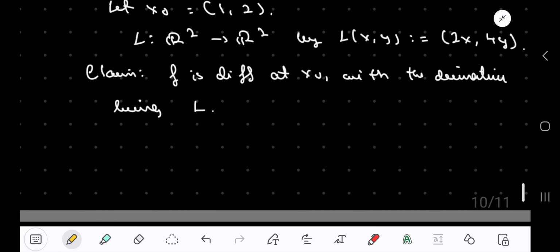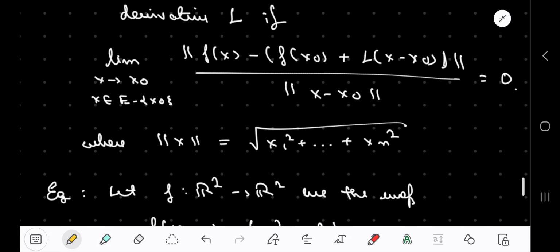So observe, what do we require? We require to use the definition itself. Just put in the values and check, nothing else.